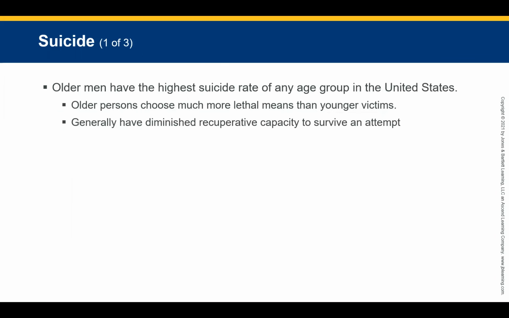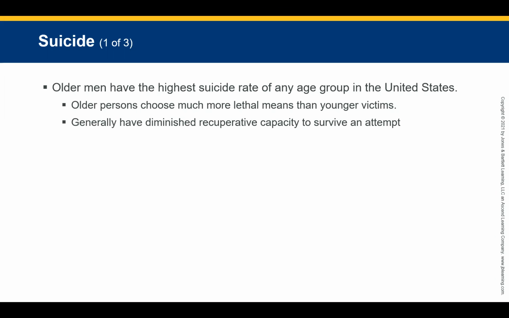Suicide. Most older adult suicide victims have recently been diagnosed with some depression and have seen their primary physician within the month before this event. Older men have a higher suicide rate than any other age group in the United States.